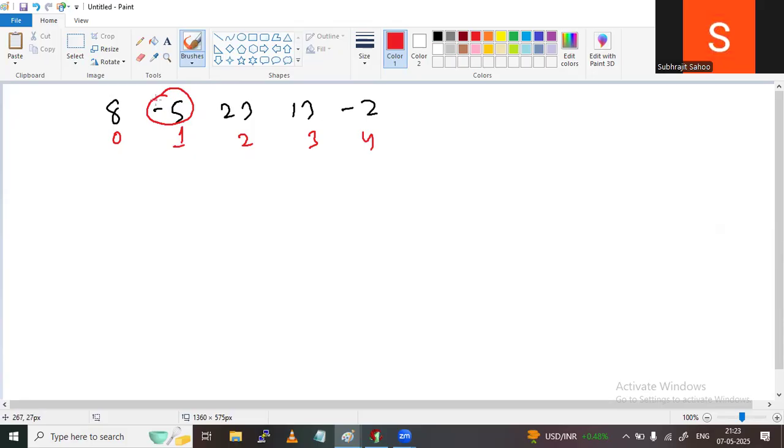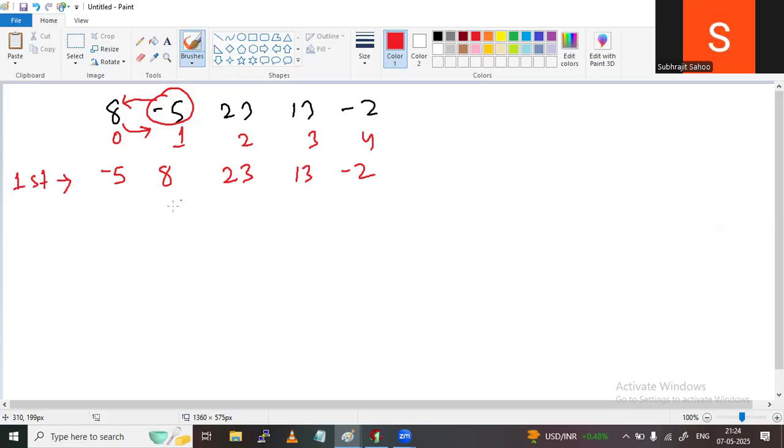I will compare it with this 8. Sir, minus 5 is less, 8 is big, so it is required to swap. Swap it immediately: minus 5, 8, 23 remaining as it is, you keep minus 2. Then after swapping minus 5, the left side has nothing. That means one attempt is over. First attempt done.